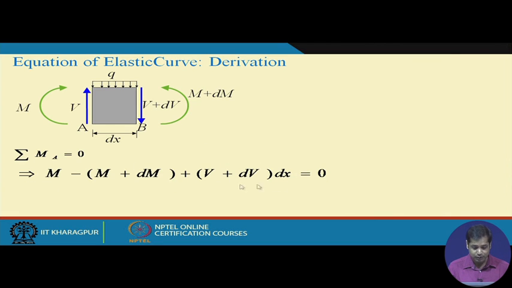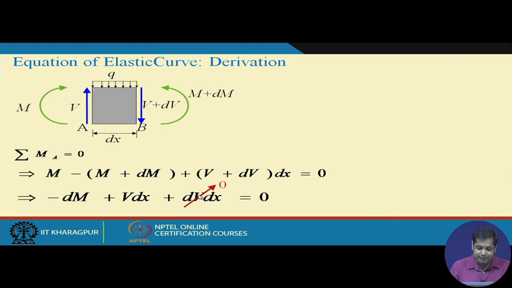Here you consider this is under pure bending only, so there is no force like this. Now, dV is a very small quantity and dx is also very small, so when dV is multiplied with dx, it becomes even smaller, and we can neglect it. Then the only non-zero part is this, and this gives you V is equal to dM by dx.